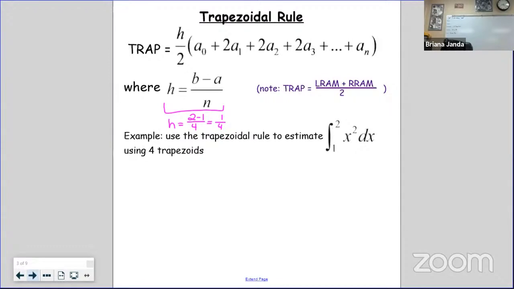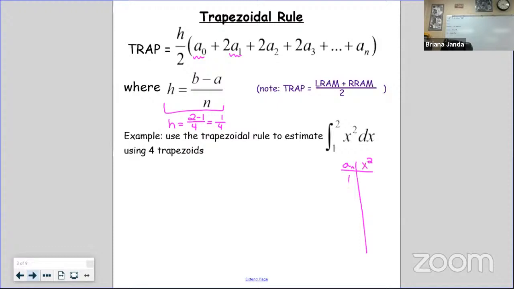And then what these numbers are is evaluating your function at each of the different places. So we should have 4 different places along there that we are evaluating, starting at 1 to 2, a difference of 1/4 each time. So I'm going to lay that out: we are evaluating the a sub n in our function, which is x squared.